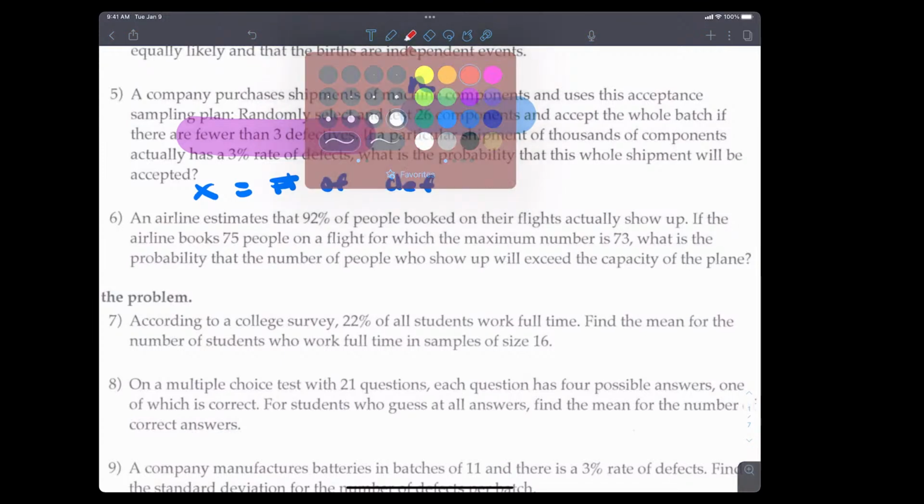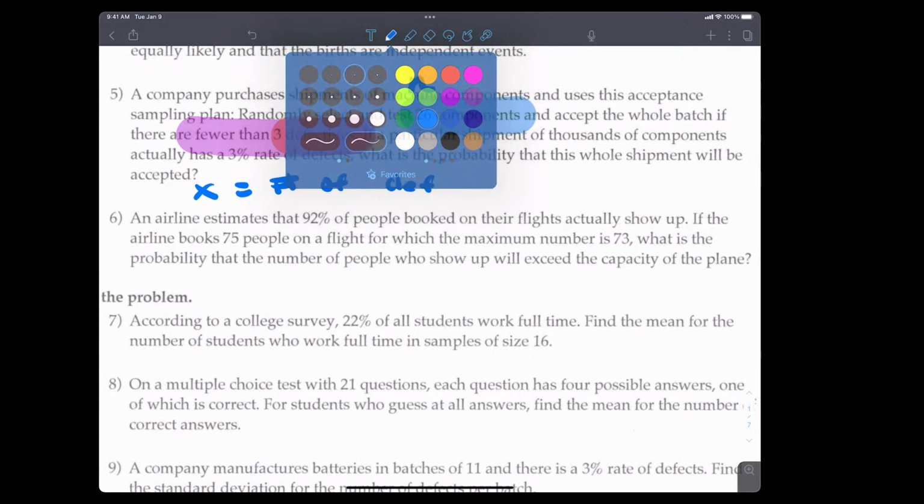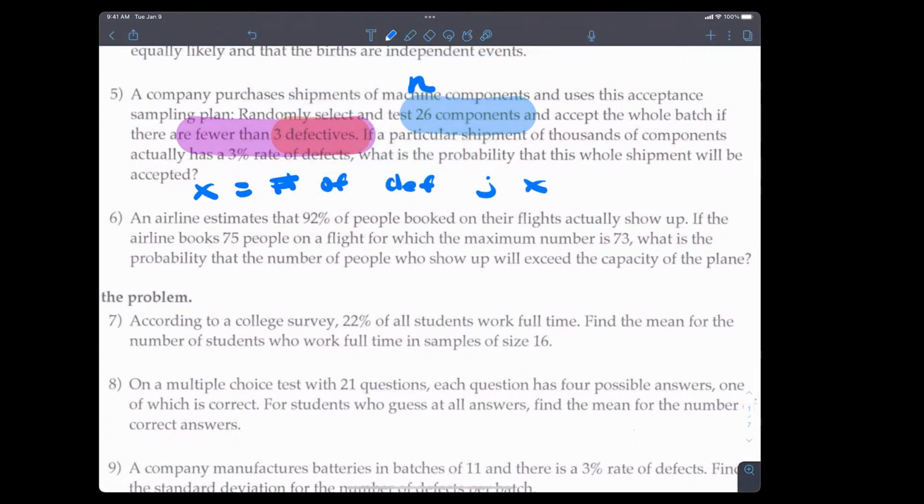Remember, this is your successes. You let it be whatever is in the question. So fewer than 3 means less than 3, smaller than 3. This is how we start to look at the question. This is what you accept: accepting the whole batch if you check and there are less than 3 defective. So less than 3 is like 2, 1, or 0.